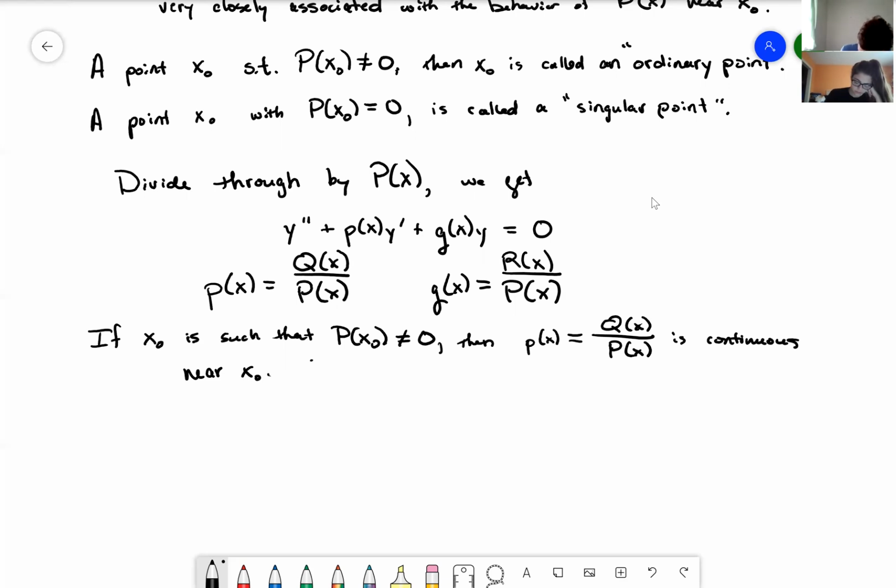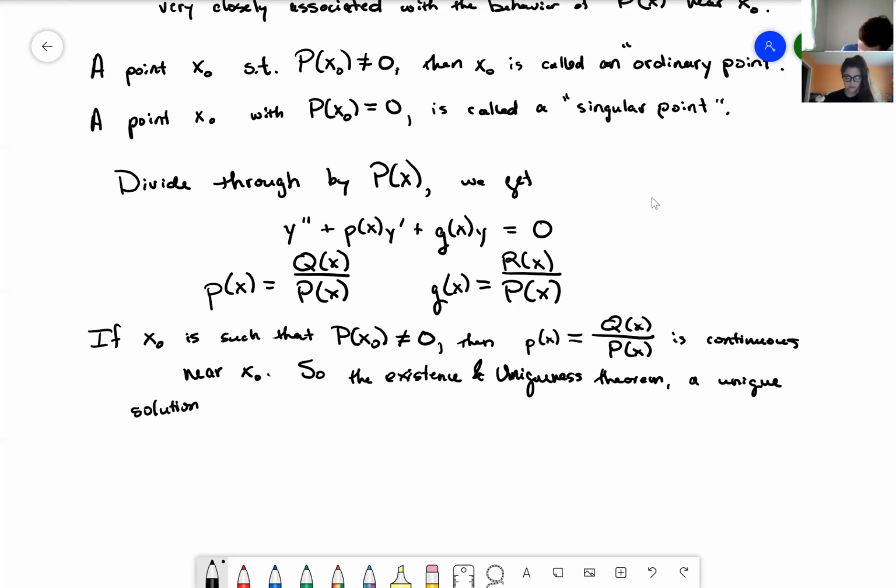So by the existence and uniqueness theorem, a unique solution exists near x0. So in that same interval where we have continuity of little p of x.